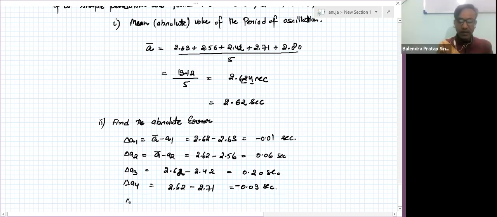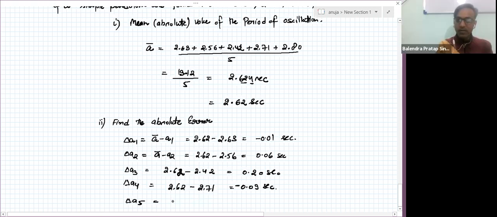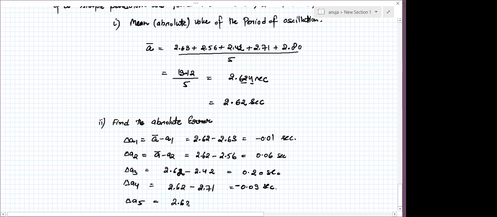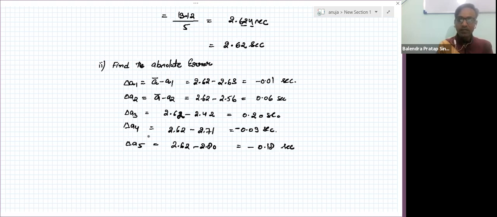And the last one, delta A5, is 2.62 minus 2.80, so you get negative 0.18 second. These are the absolute errors in the first, second, third, fourth, and fifth measurements.